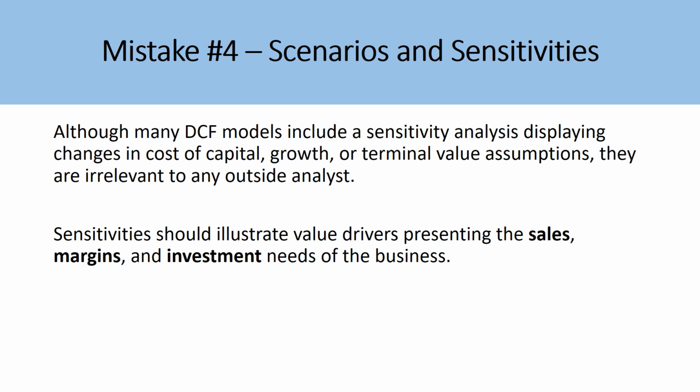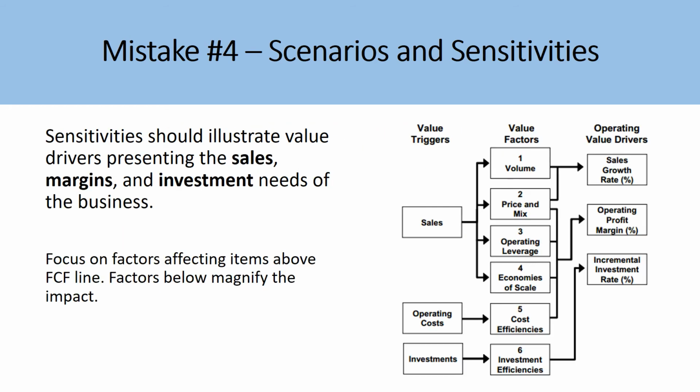Sensitivities should illustrate value drivers, presenting the sales margins and investment needs of the business. So really, you need to focus on factors affecting items above the free cash flow line. Factors below that magnify the impact rather than actually influence what is most important in the model, projecting the cash of the business, right?